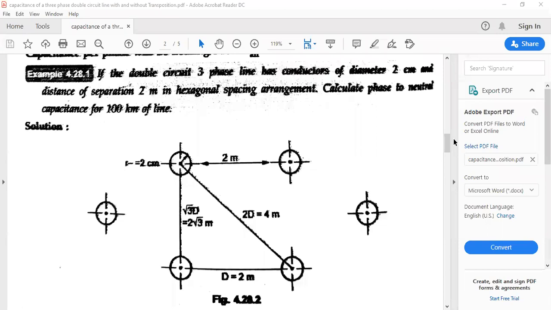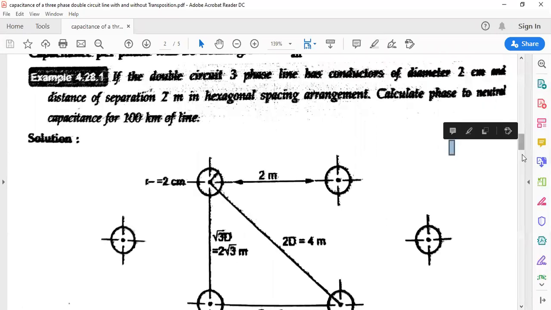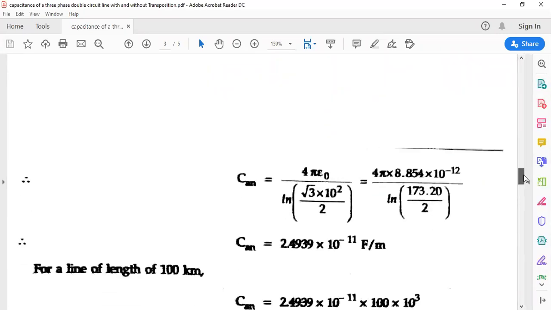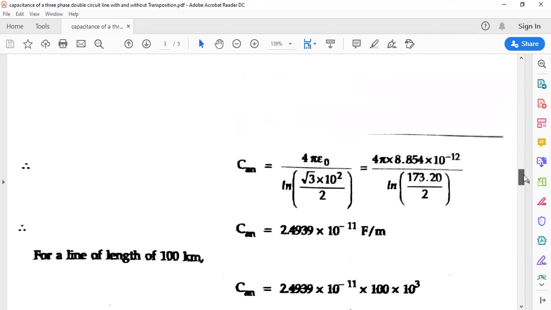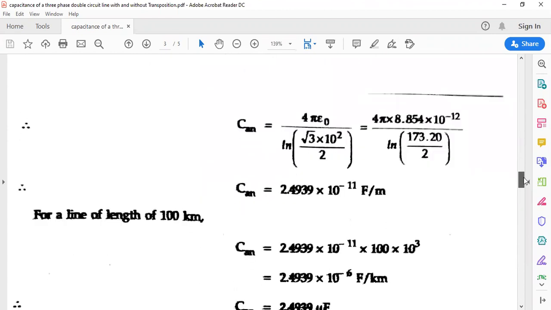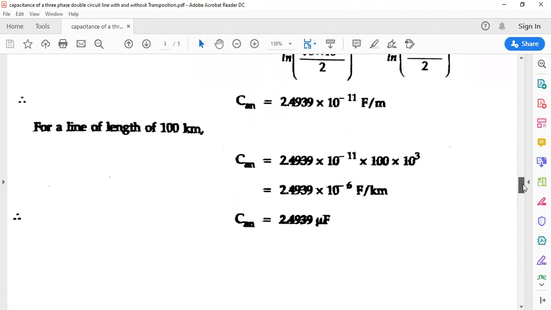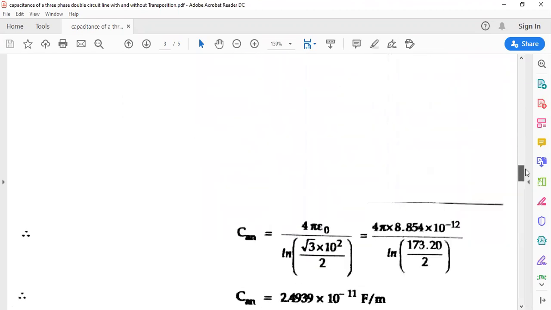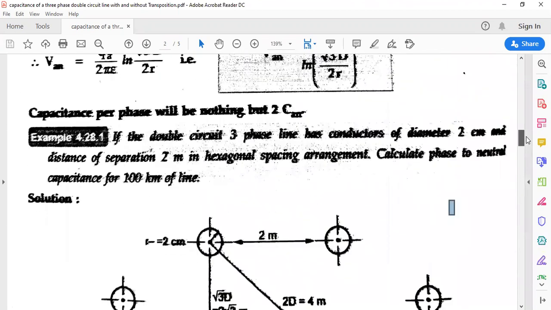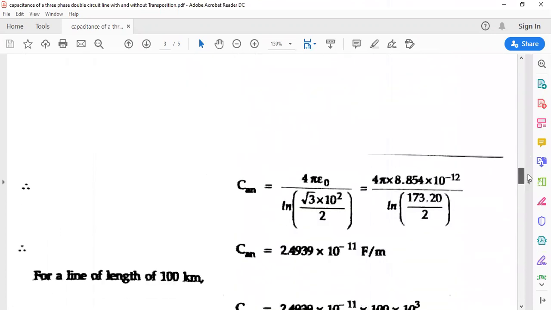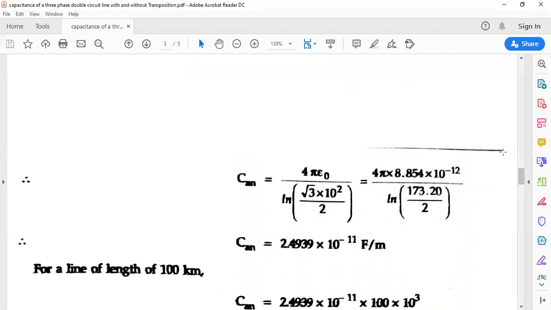Next, you are going to substitute the terms and find out CAN. Here they have written it as 2 pi, 4 pi. It should be 2 pi epsilon naught divided by root 3 into d. So all the terms are mentioned there.